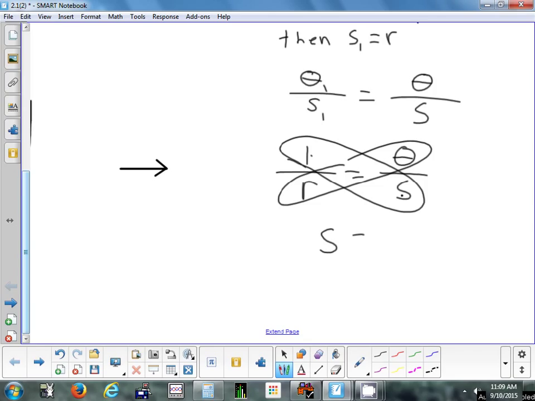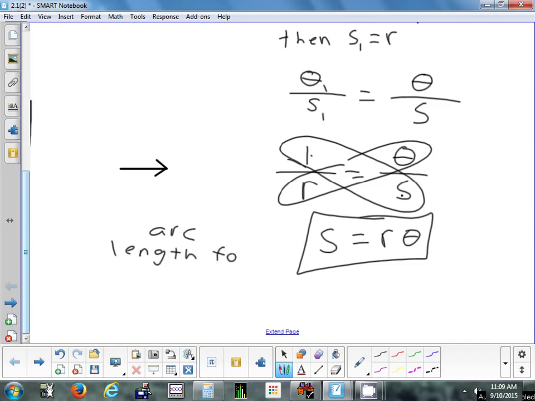S equals R times theta. That is the arc length formula. Right, so if you want to find the length of an arc, all you need to know is the radius and the angle. Okay, so that's the arc length formula.